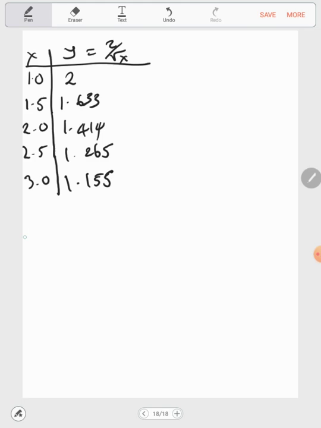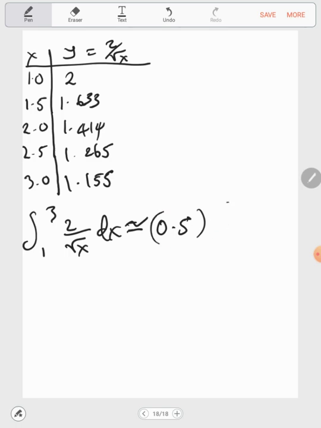So according to the trapezoidal rule, the integral from 1 to 3 of 2 over square root of x dx, we are approximating here. We put 0.5, which is our distance, then multiply by half of the first and the last.